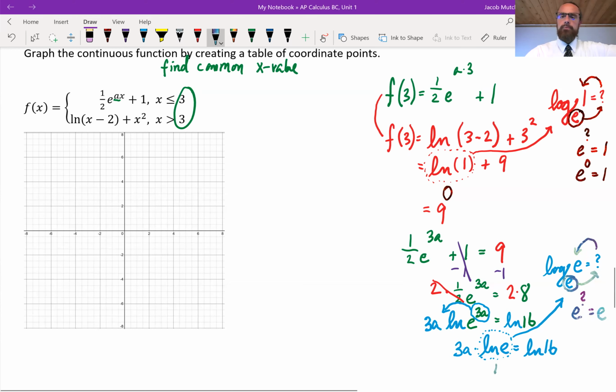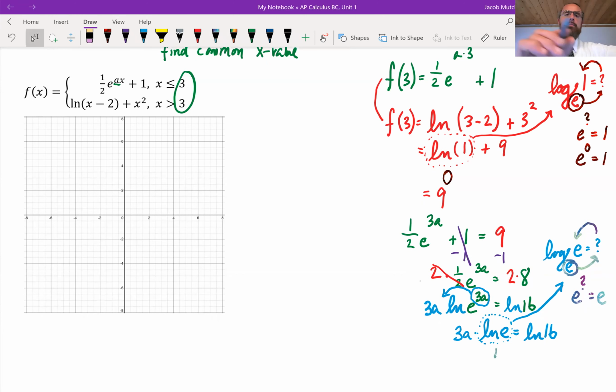Well, that helps me out on this solution, because now what I've got is 3a times 1, or just 3a, equals natural log of 16. And then to solve, what would you divide by? Very good. Divide by 3. And that gives us a solution for a.